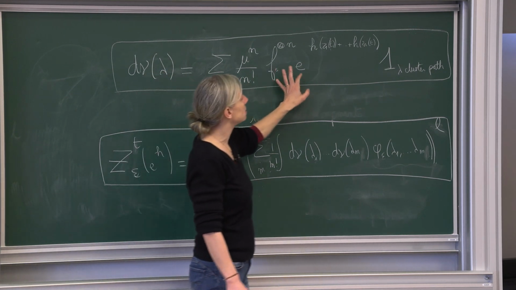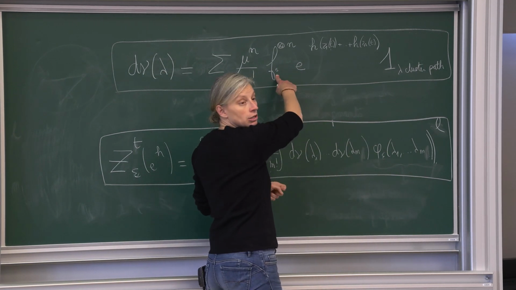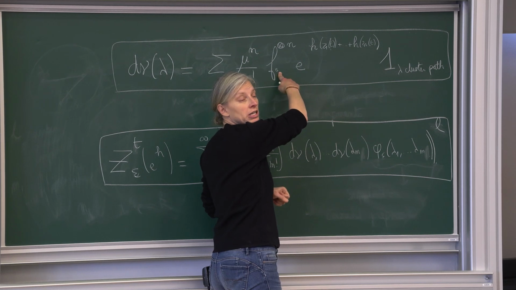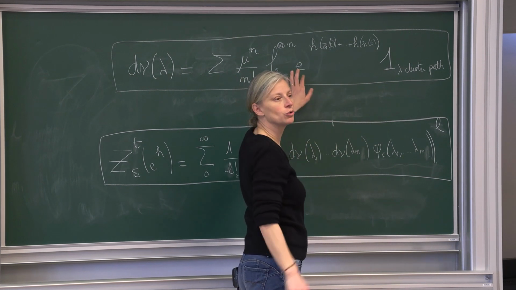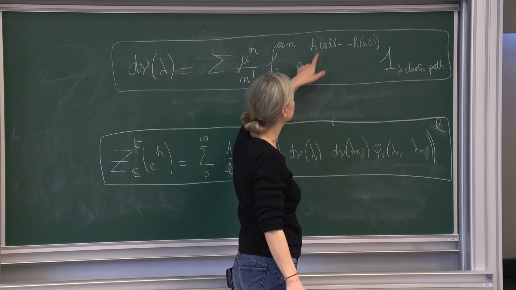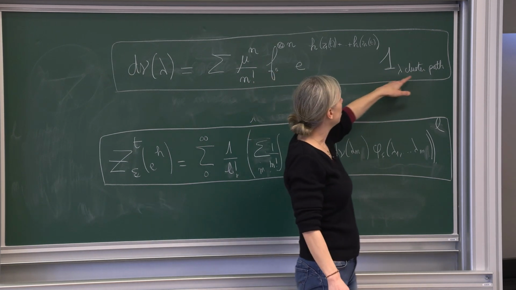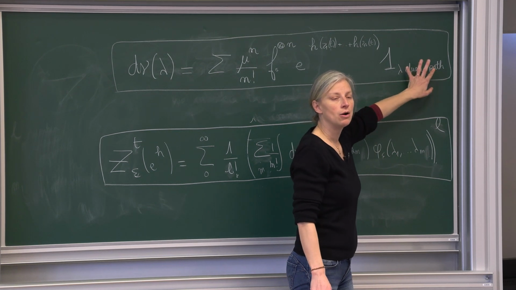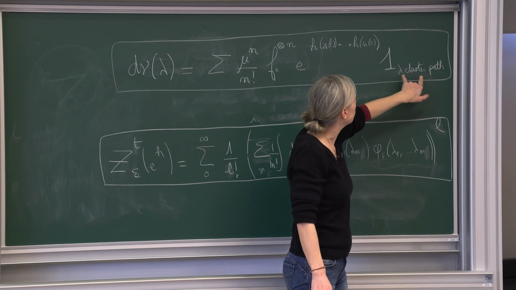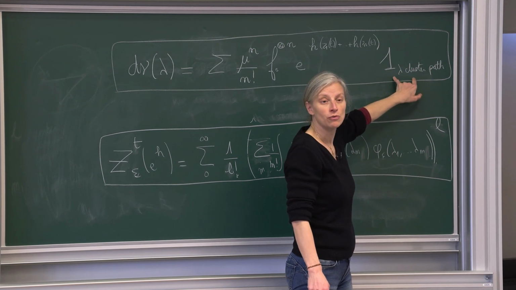But now, f naught will be a bounded function, so it's something like constant to the n. This h is a nice function, so it's also a constant to the n, so you don't care. And now, of course, you have this indicator function. The question is what kind of smallness it will give you.